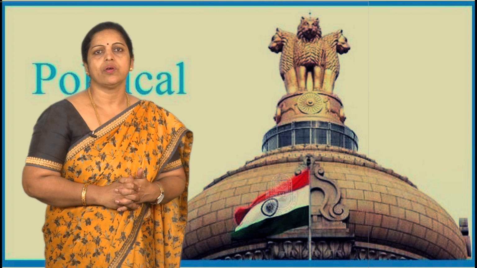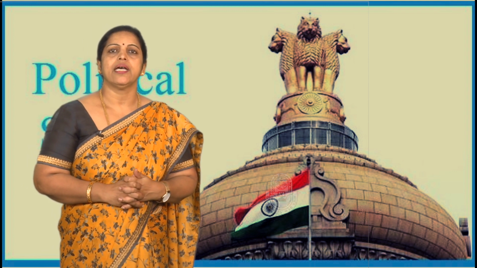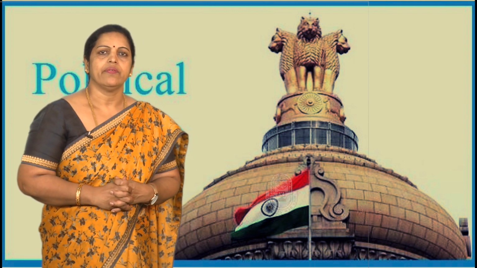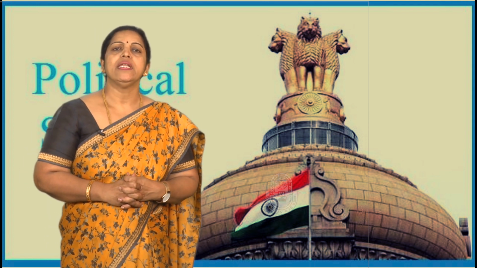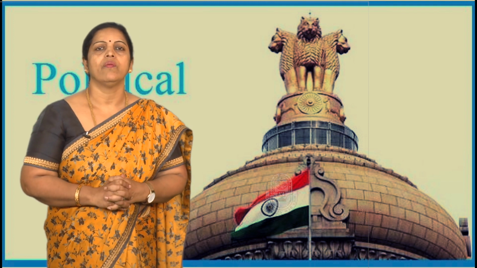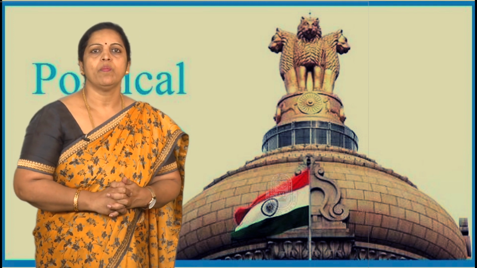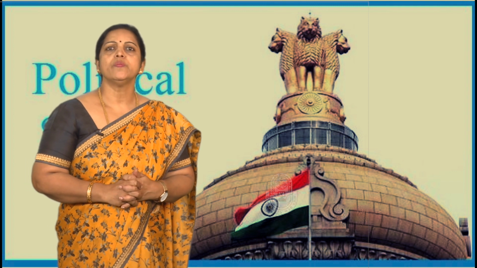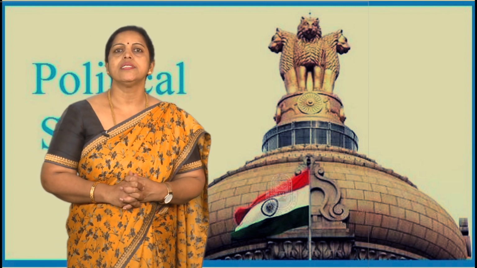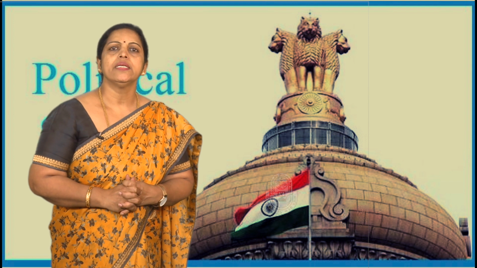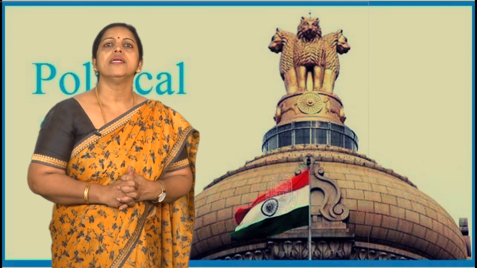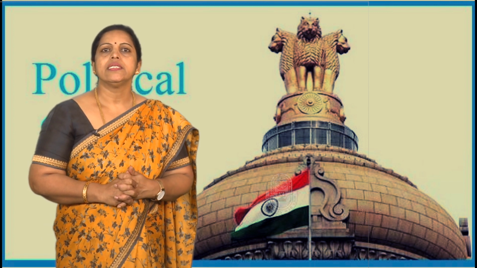However, we should know the salient features of the Indian Independence Act 1947. This enactment provided for 2 dominion states. We know that one is India, another one is Pakistan. The boundaries between the 2 dominion states were to be determined by a boundary commission headed by Sir Cyril Radcliffe.